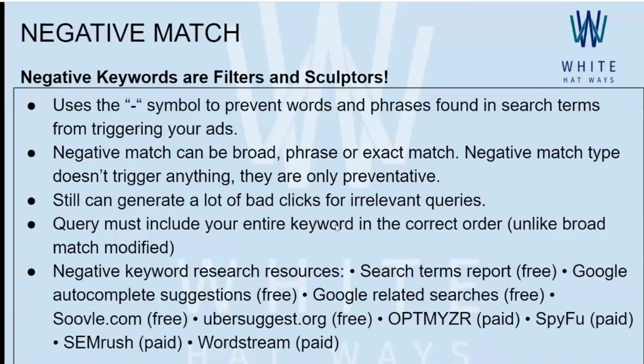So the search terms report is crucial, because you as a human being cannot find out in one go what all the negative keywords will be. You need to refer to the search terms report every now and then, as soon as your campaign starts running and while it is in the middle of it. You will need to keep coming to the search terms report and see which irrelevant keywords are getting to see your ad.